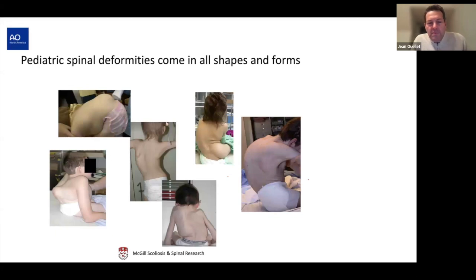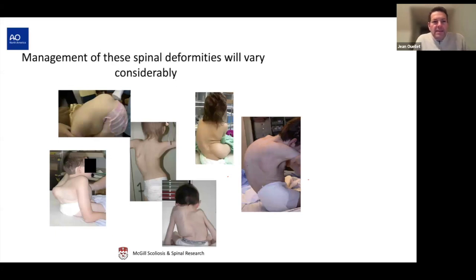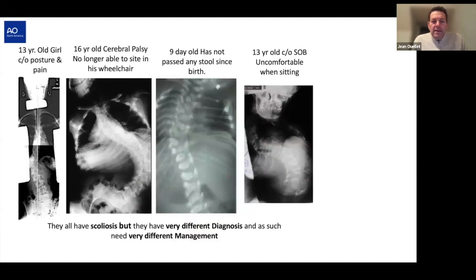Pediatric spinal deformities come in all shapes and forms, and the management of these spinal deformities varies considerably. Now, I'll just show you. There are 4 patients that have spinal deformities. You have a young girl who's mainly complaining of mild postural asymmetry, and she presents and complains very differently than the other child who's 16, who has cerebral palsy, and can no longer sit in his wheelchair.